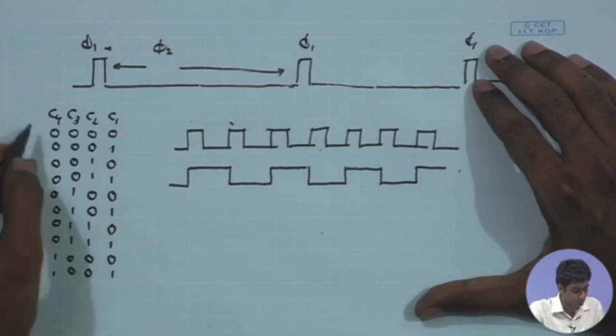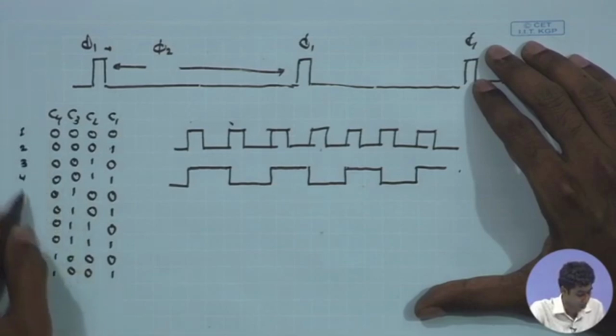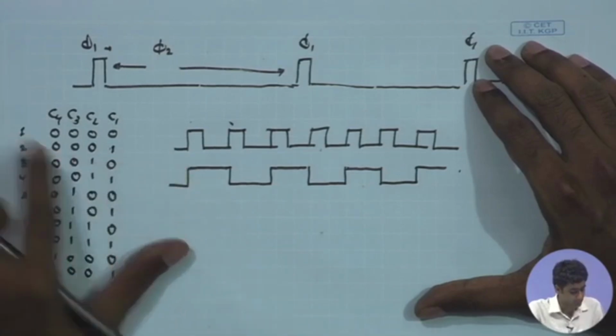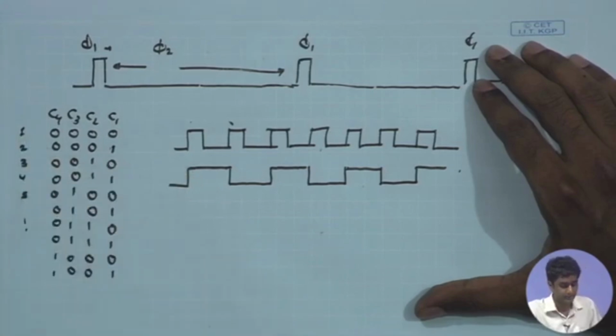And so on. So, this is the first clock edge, second clock edge, third, fourth, fifth and so on. Just after the first clock edge I can say C1 is turning 1.